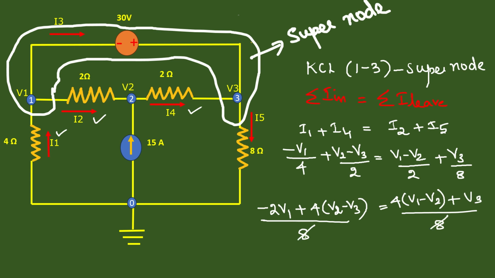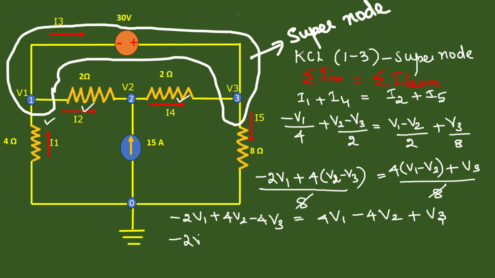So the denominators can be cancelled out. You can write this as minus 2V1 plus 4V2 minus 4V3 equal to 4V1 minus 4V2 plus V3.